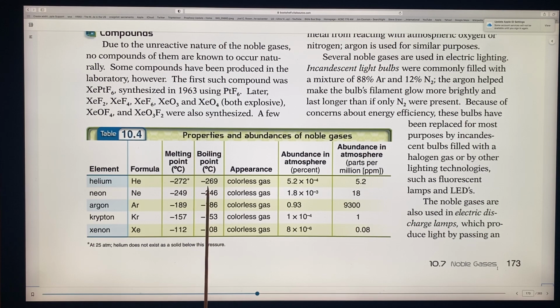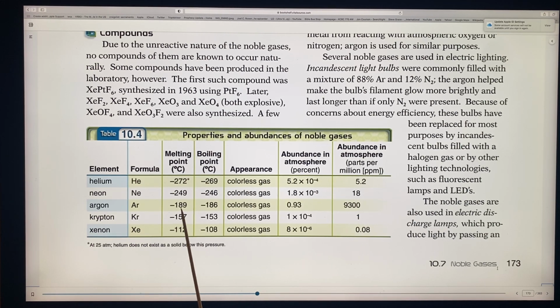The boiling point is negative 269. It is a colorless gas, with an abundance in the atmosphere of 5.2 parts per million. Neon, you can see here, has a melting point similar to helium. It's a colorless gas, and the abundance in the atmosphere is 18.